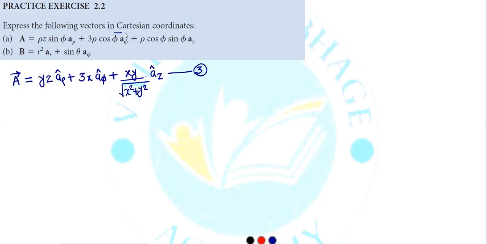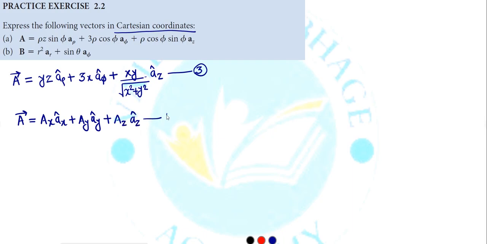We are going to make use of the conversion table that we have seen earlier. But before that, whatever this vector A is in terms of the Cartesian system, it will be expressed like this: vector A will be ax cap plus ay cap plus az cap.